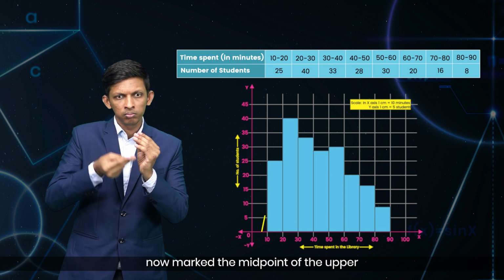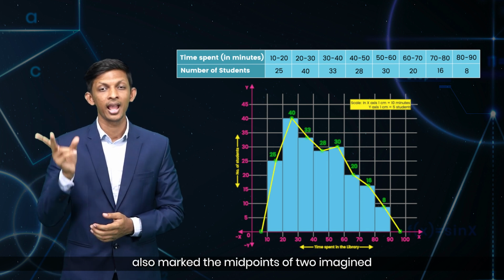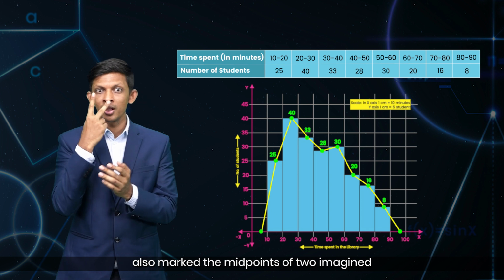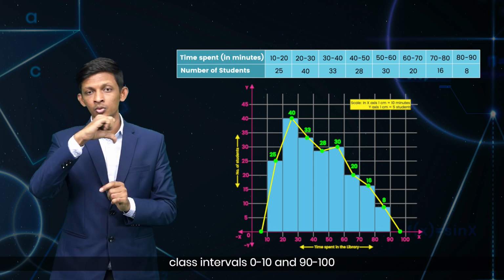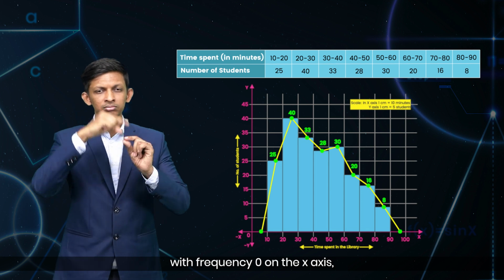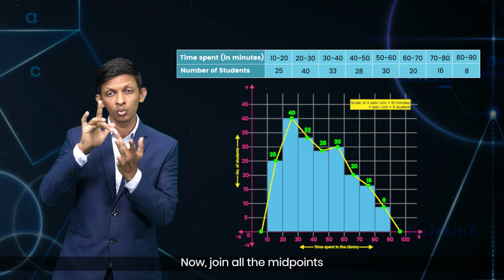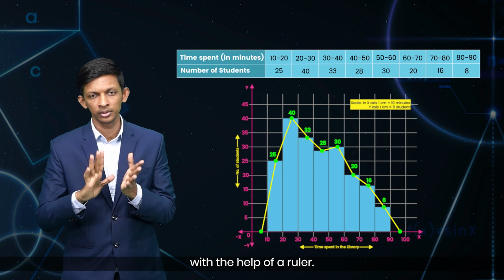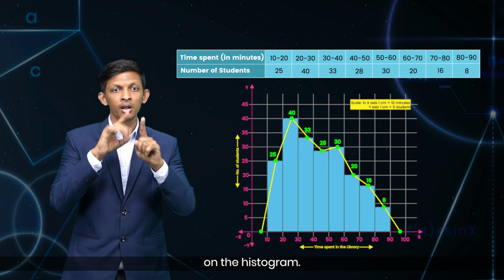Now, mark the midpoints of the upper sides of the consecutive rectangles. Also, mark the midpoints of two imagined class intervals 0 to 10 and 90 to 100 whose frequency is 0 on the x-axis. Now join all the midpoints with the help of a ruler. We get a frequency polygon superimposed on the histogram.